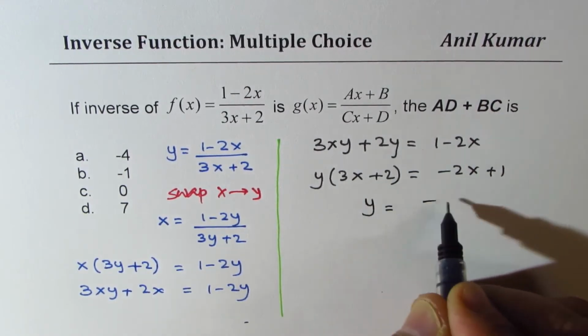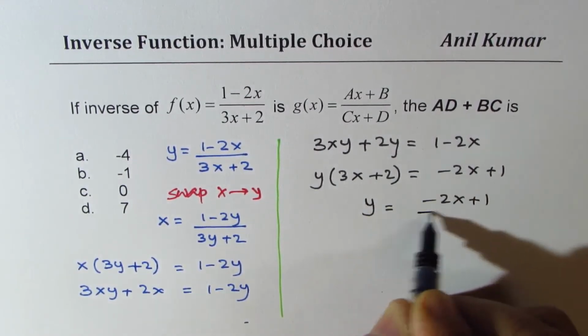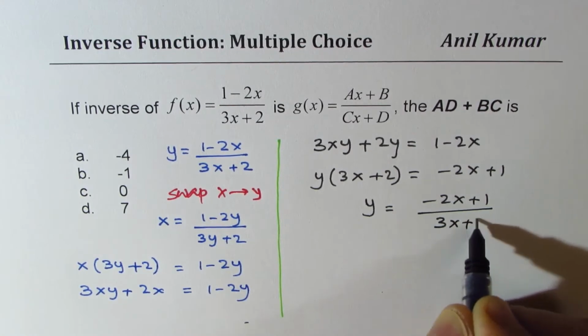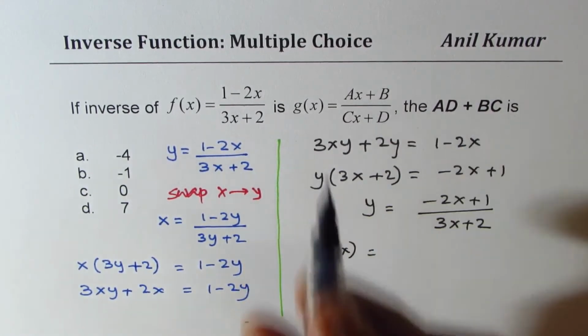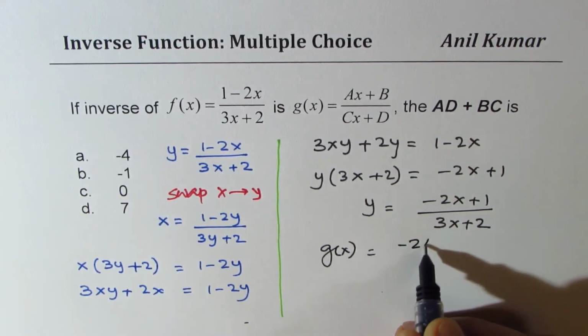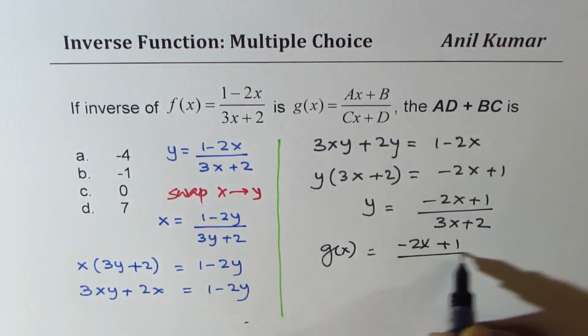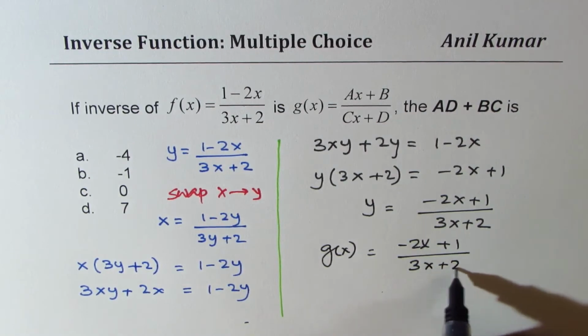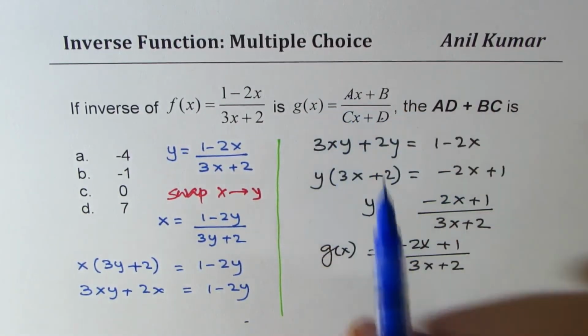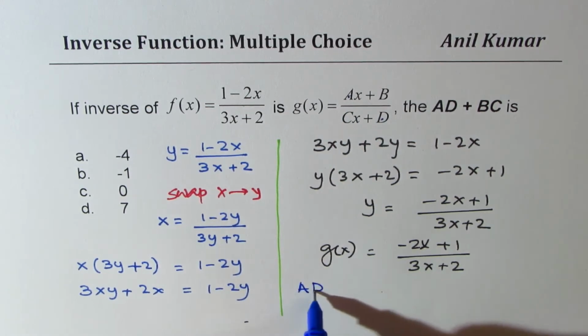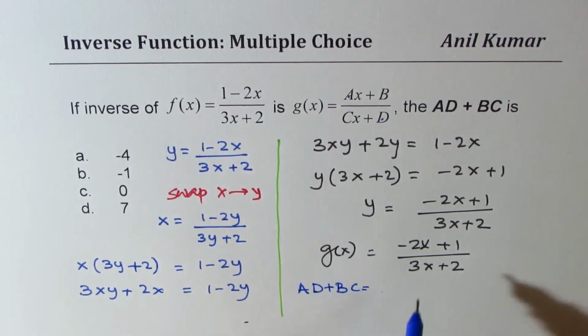So y is equal to minus 2x plus 1 over 3x plus 2. So we know that g of x, which is the inverse function, is minus 2x plus 1 over 3x plus 2.